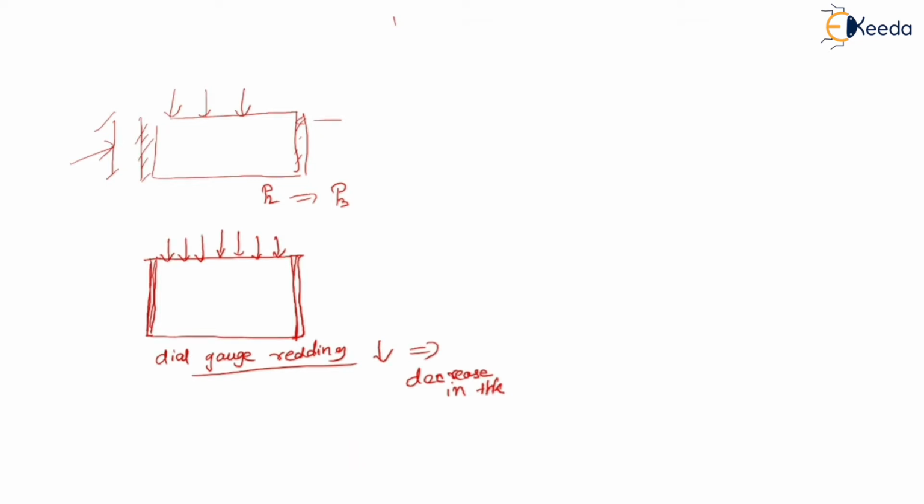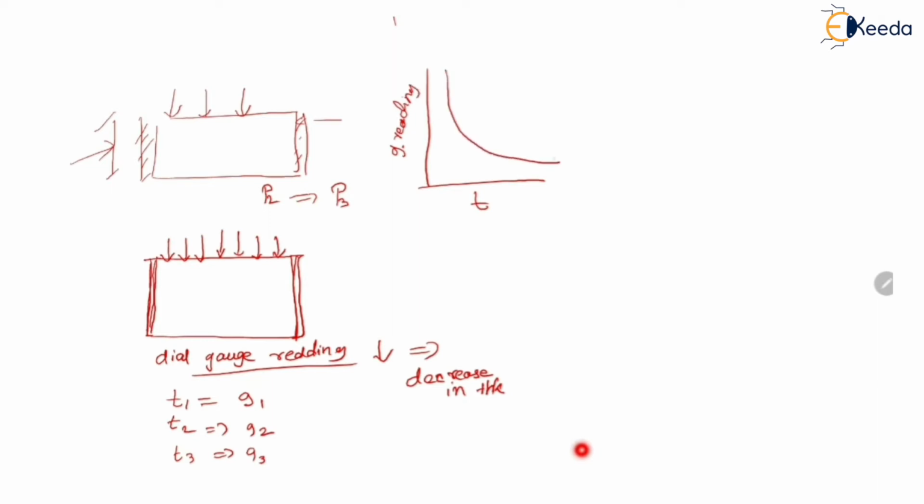So, dial gauge reading at different time intervals is recorded. Suppose at time T1, the dial gauge reading will be G1. At time T2, the dial gauge reading will be G2. At time T3, dial gauge reading will be G3 and so on. So using this information, a plot of time versus gauge reading is plotted and the graph will be like this.